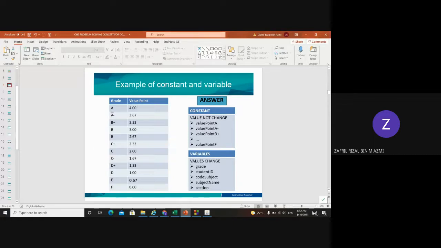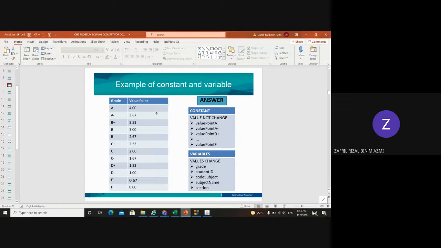If you get A for the problem solving subject, you get 4.0, A minus is 3.67. If you are required to develop a calculator to calculate your CGPA, what are the variables and constants you need to create in your program?